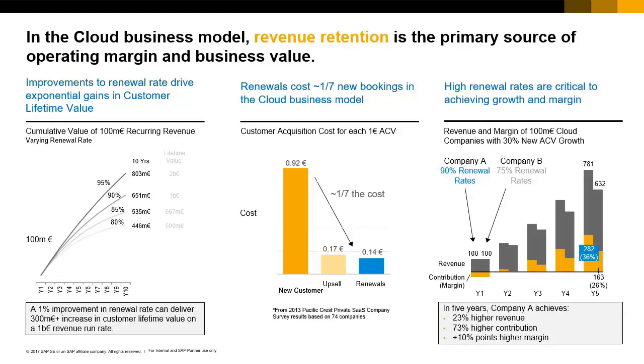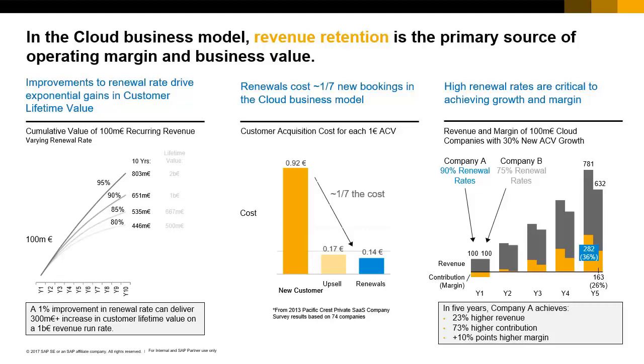In this last example, Company A and Company B are both €100 million cloud companies with a 30% new ACV growth.